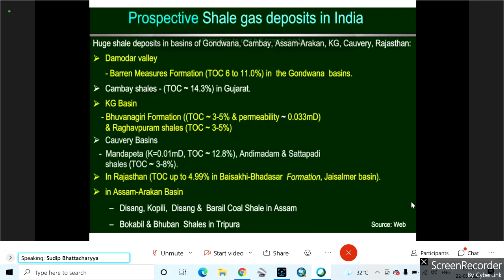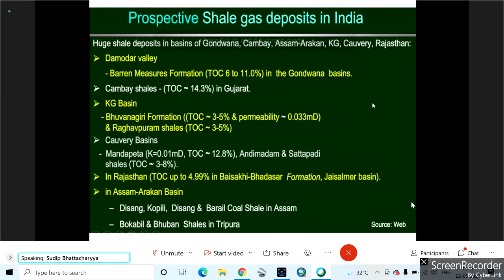So prospective shale gas deposits in India: the Gondwana, Cambay, Assam-Arakan, KG basin, Krishna-Godavari, Kaveri, Rajasthan, all these are there. Over these areas we are searching for prospective shale gas.